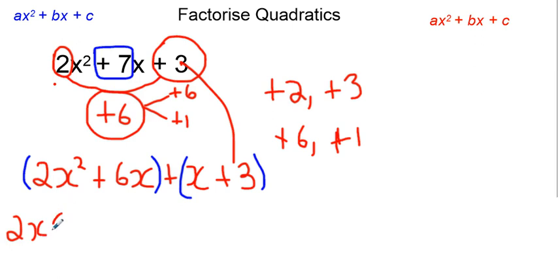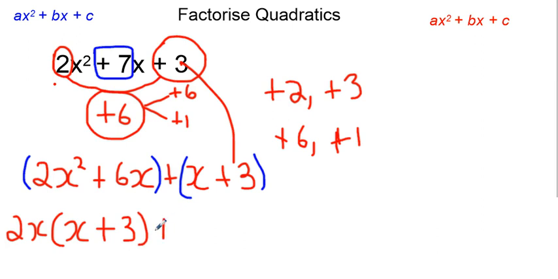Then we can have 2x already outside, so we are left with x on this side. Plus, how many 2's in 6? That will give us 3. And the x is already outside, so that finishes that bracket.